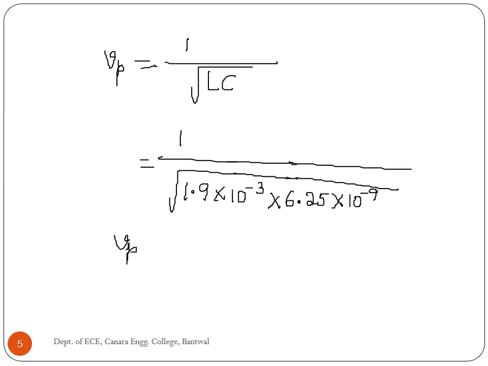Therefore, phase velocity or velocity of propagation is equal to 2.9 into 10 to the power 5 kilometer per second.